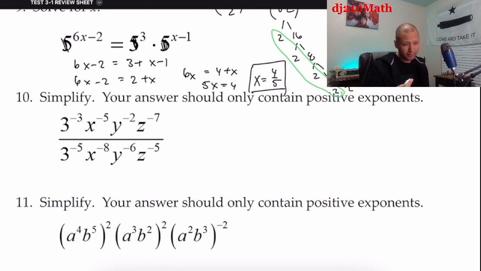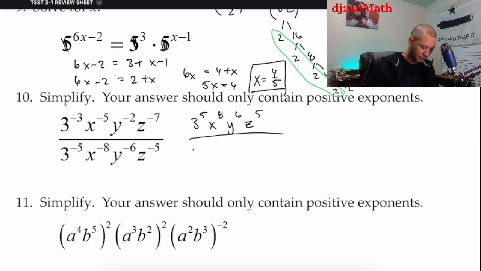Switching first isn't always ideal, but in this particular case, it is, just for the simple fact that everything is negative. So this is going to be 3/5, x to the 8, y to the 6, z to the 5, all over 3 cubed, x to the 5, y to the 2, z to the 7.